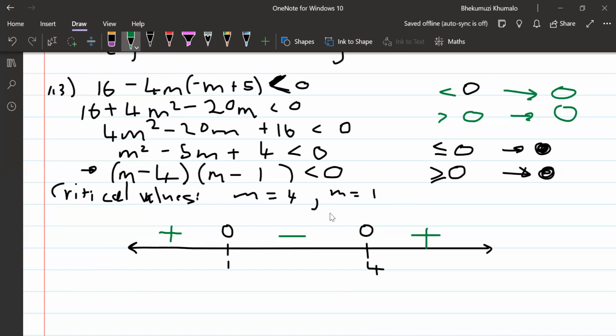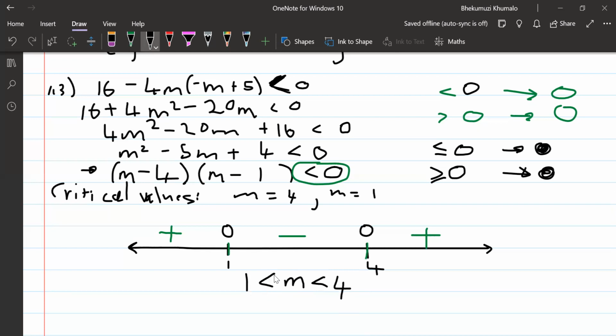Now we go back to the question itself. The question is about less than 0 numbers, right? It says less than 0. So where do we find any number that is less than 0? It's between 1 and 4, but it's not included. Hence, we'd say m is less than 4, but also m is bigger than 1.